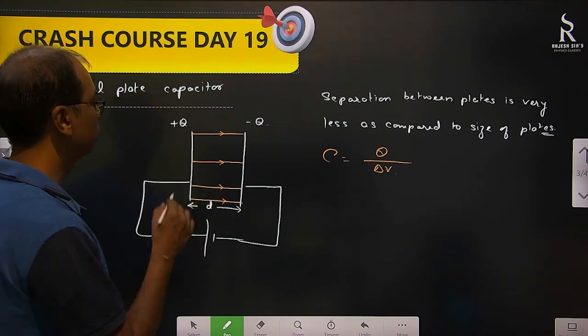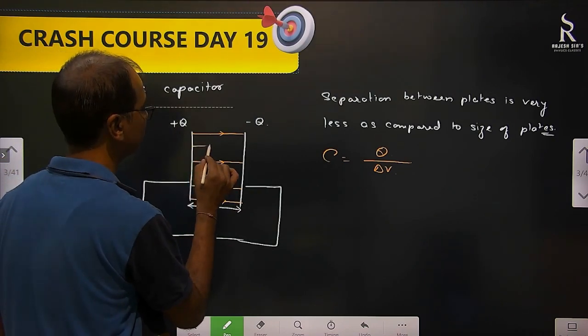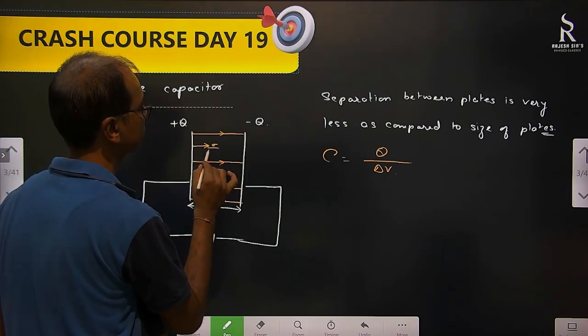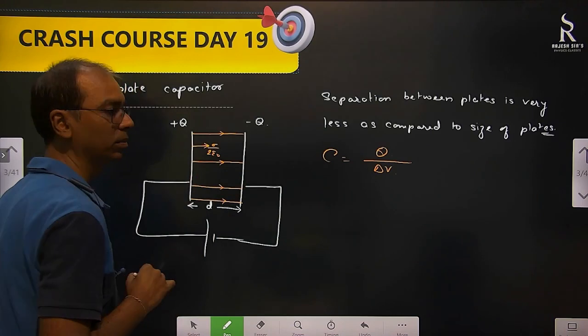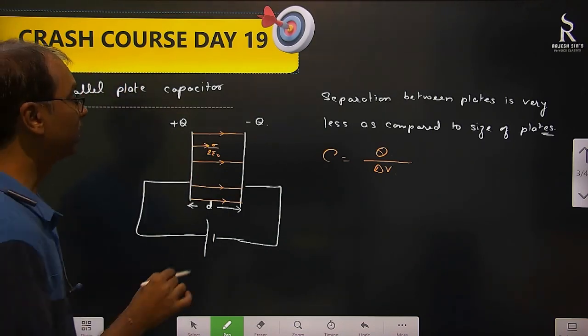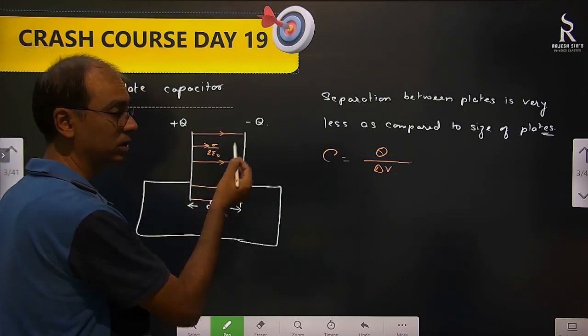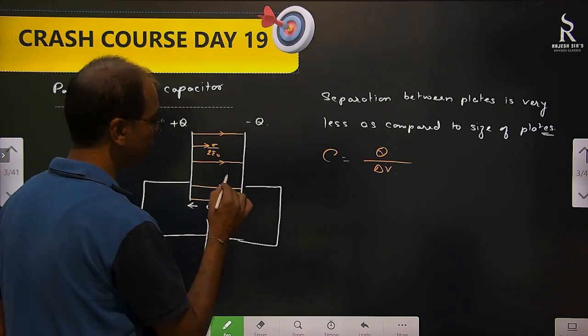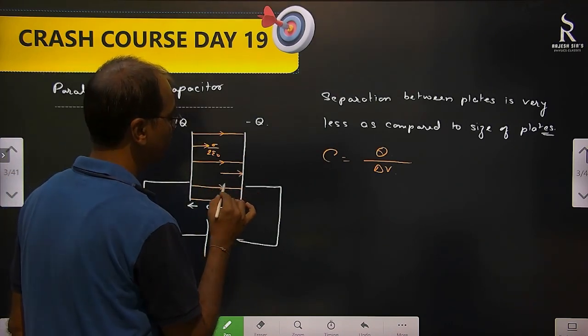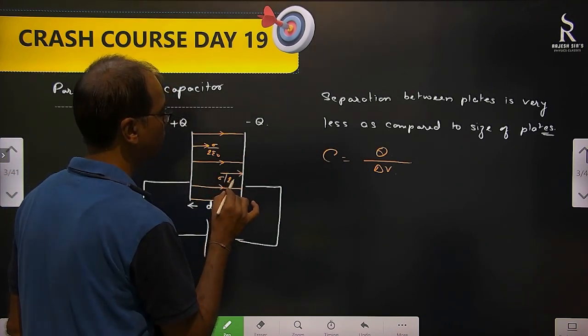Similarly, this is the minus Q plate, so its field will be towards it, like this, and that is also sigma by 2 epsilon naught.